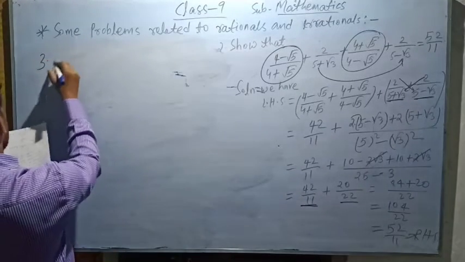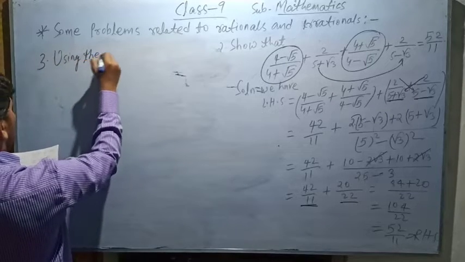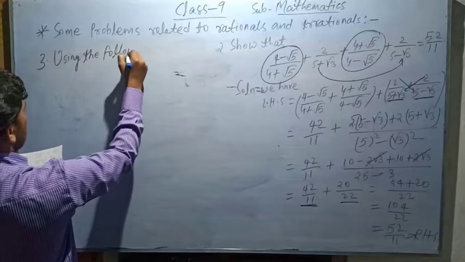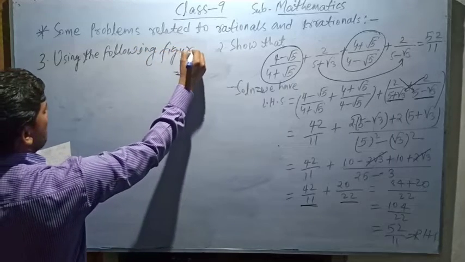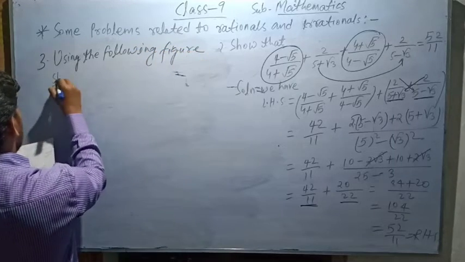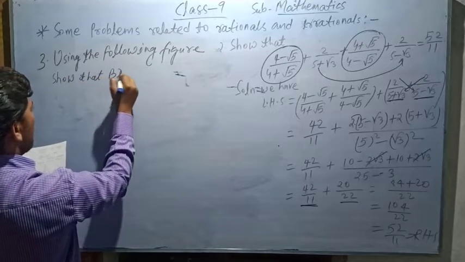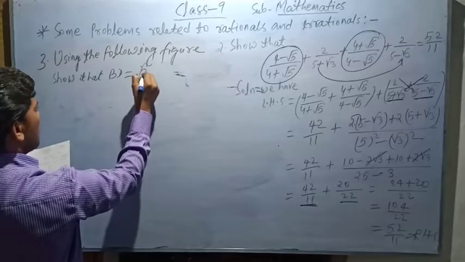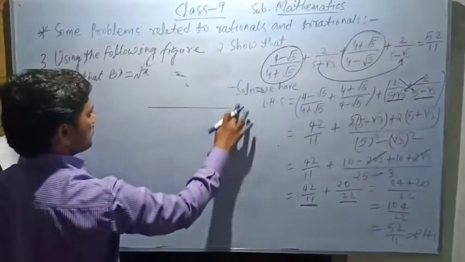The question is: using the following figure, show that BD is equal to under root x.